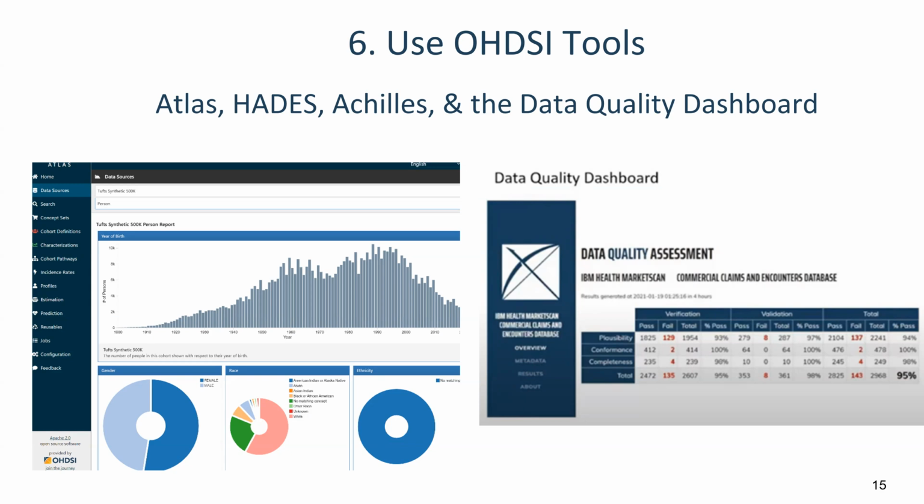And then along with that comes the data quality dashboard. One of my favorite things about OMOP is how seriously they take data quality. We run out of the box over 3,000 data quality tests, looking for completeness of data, looking for conformance of whether an element was in an appropriate range, as well as plausibility tests.